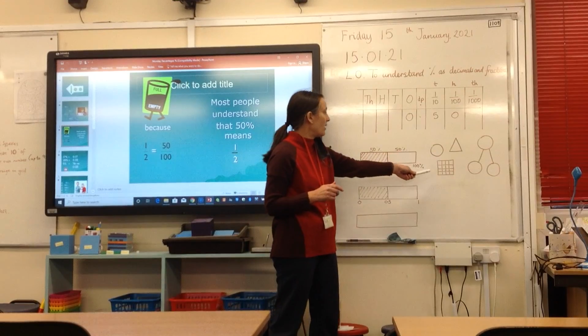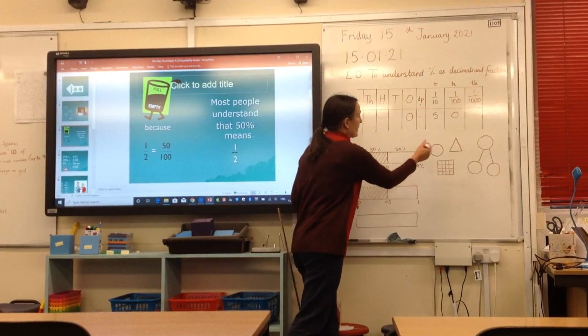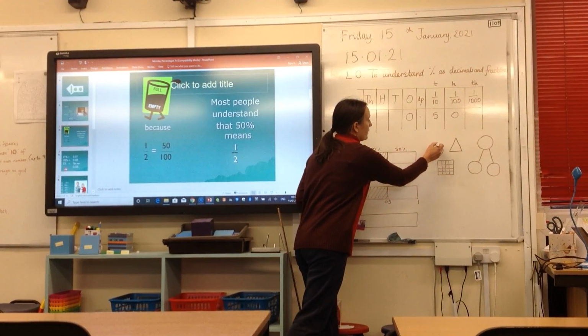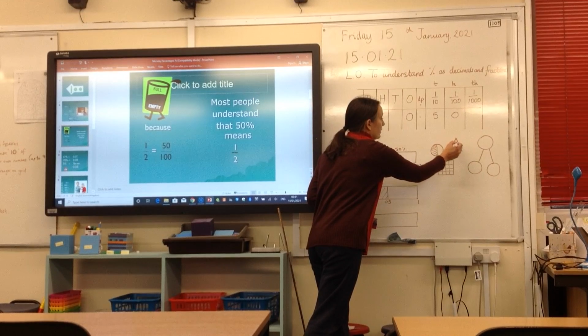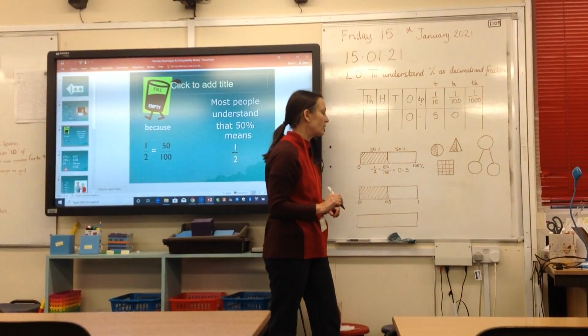I've got a couple of examples. We've got our circle, which can be cut in half and shaded in. This triangle could be cut in half too. So that's 50% of the triangle, 50% of the circle.